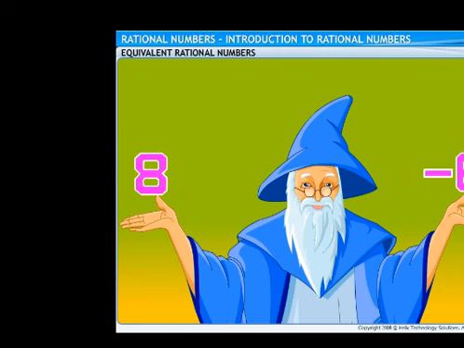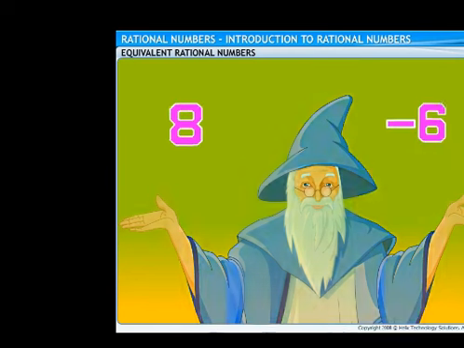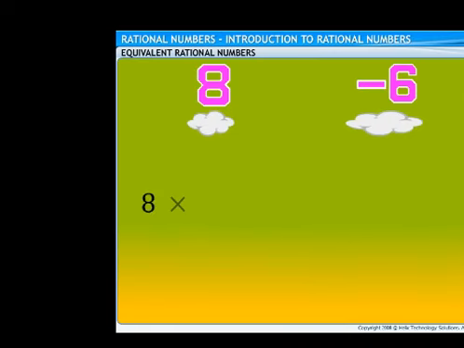Consider two integers, 8 and -6. If we multiply both integers by 2, we get two new numbers. Now, let's make a rational number, -6 divided by 8, with these two integers.